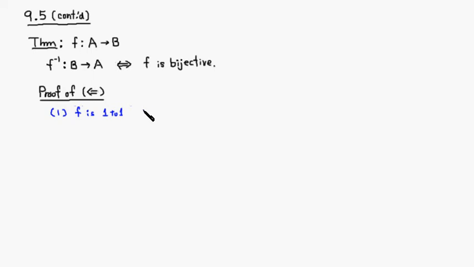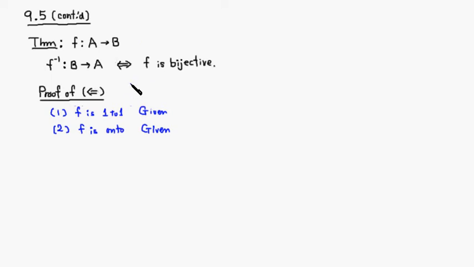So that's given, because it's bijective, and 2, F is onto, right? So this is given, right?